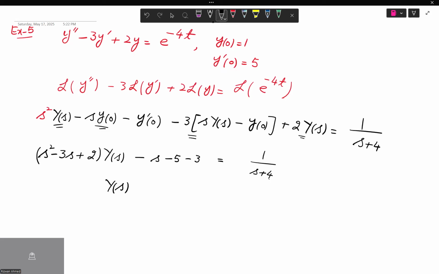So then Y of s will be equal to 1 over s plus 4, and over here it will be s plus 8, 3 and 5, we make 8.